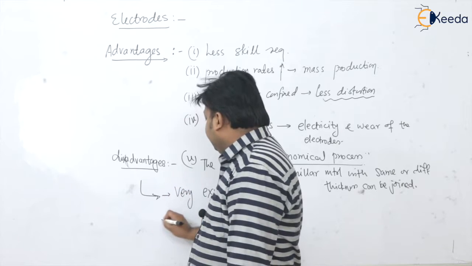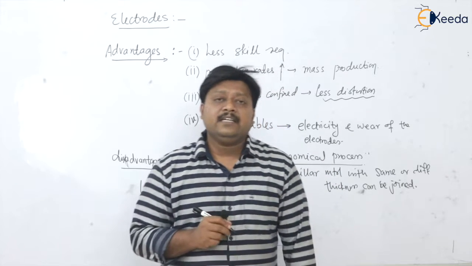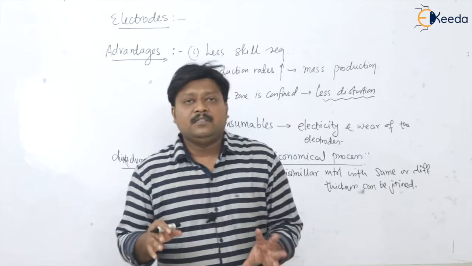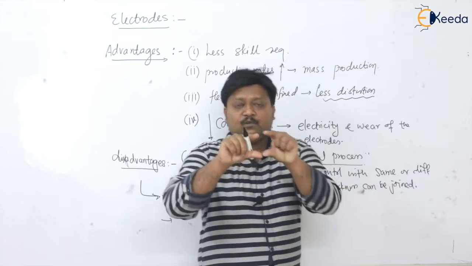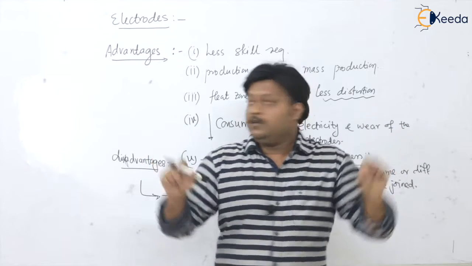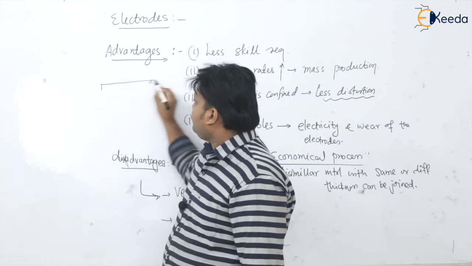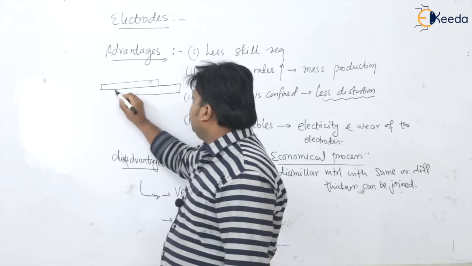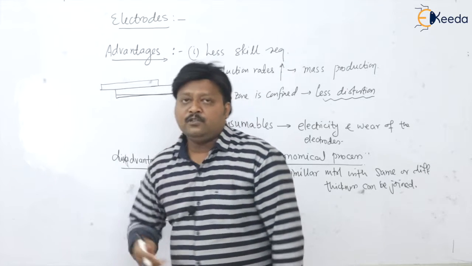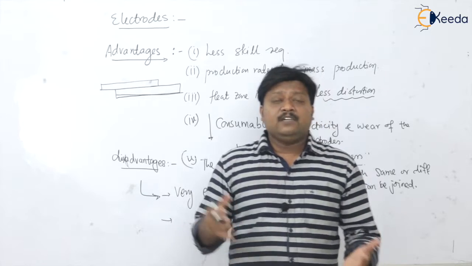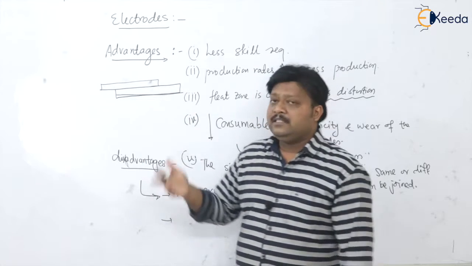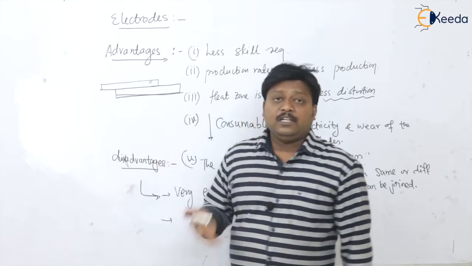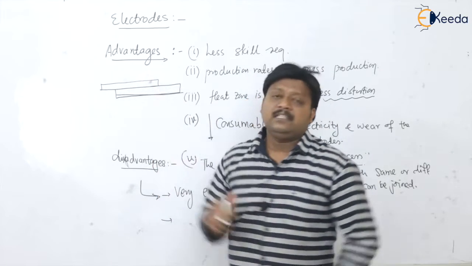And the second important limitation is that in spot welding, most of the time the joining is preferred only in the lap position. It is not necessary that each and every application in automobile or aerospace industries only requires a lap joint.